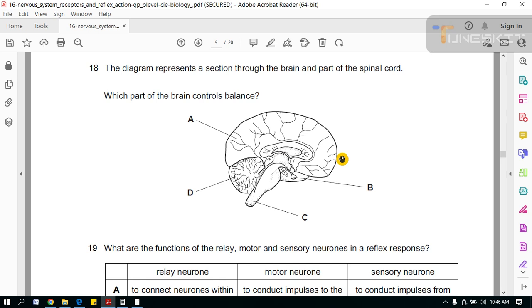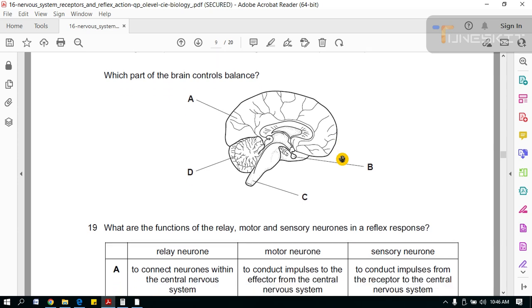Remember, the cerebellum is the part of the brain involved in controlling the balance of the body. So, option D is correct. You must know the location and function of these four parts, so it will be easy for you to attempt the first part of coordination and response, that is the brain.